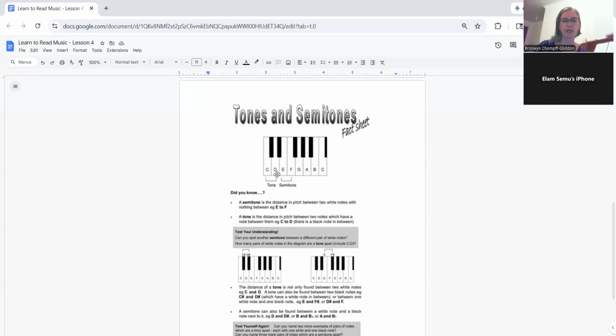That pattern exists in every single major scale. Doesn't matter if it's C major, F major, B major. It is always tone, tone, semitone, tone, tone, tone, semitone. And I'll show you what that looks like.